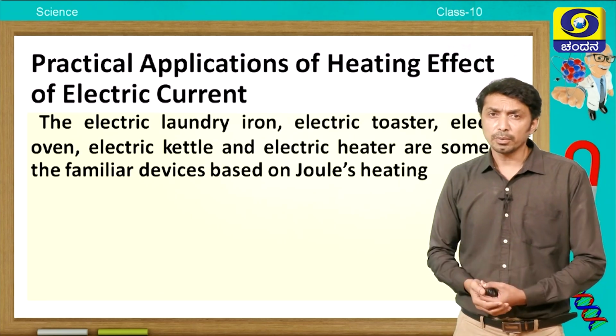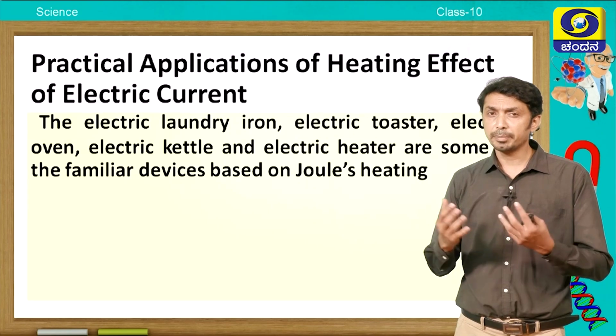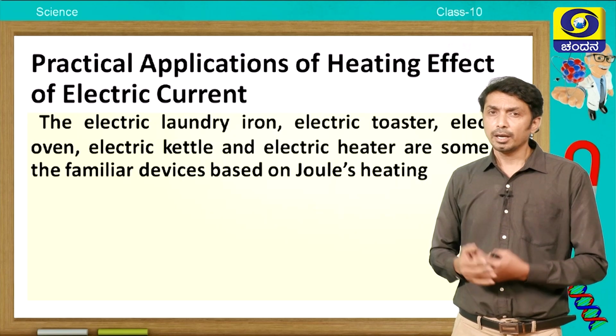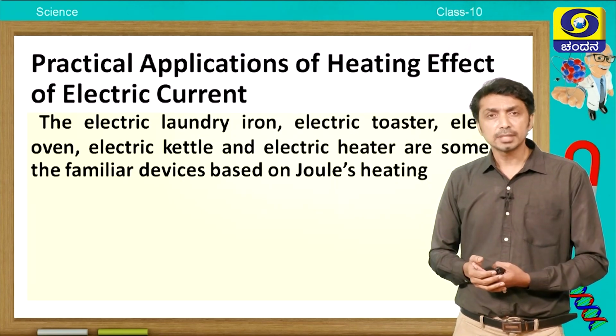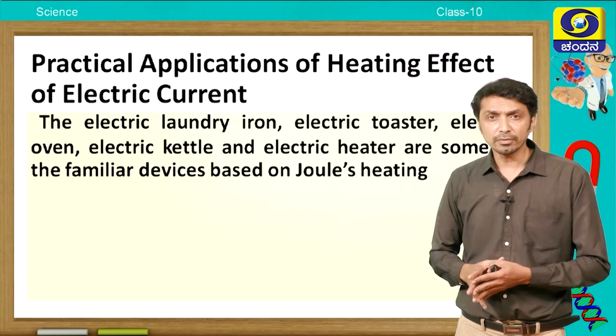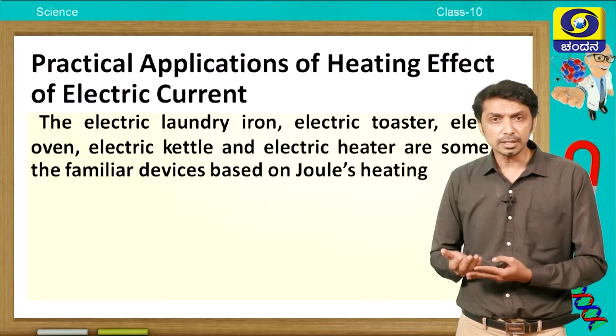Children, now you have learned how the amount of heat energy produced depends on various factors in any electrical appliance. Can you recall the electrical appliances you mentioned earlier which work on the heating effect of electrical current? That means they use electrical energy and produce heat energy.